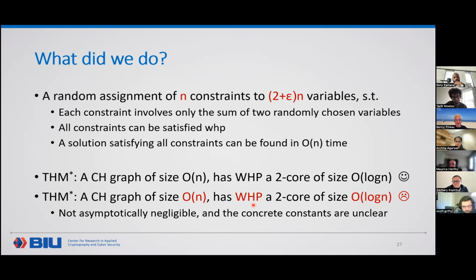In some cases, you can compute the exact failure probability, like for, I don't know, the birthday problem. In some cases, you only have an asymptotic probability, or you don't even have an asymptotic analysis.